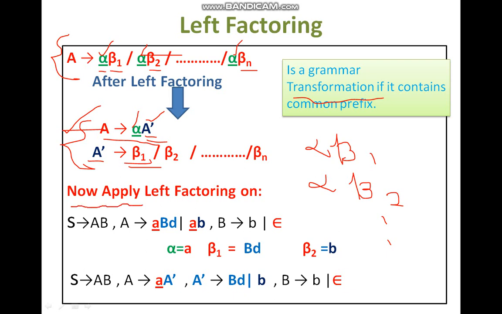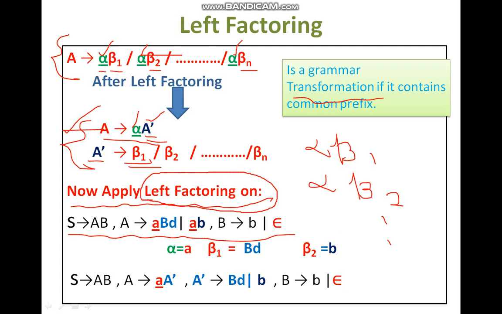Now let's apply left factoring on a given grammar. Suppose you have been given a grammar of this form and you have been asked to perform left factoring. First of all, in this grammar you need to identify alpha, beta 1, beta 2, and so on. There might be more than one beta, that's why we are taking beta up to beta n. If there is only a single alternative, there is no need to compare.